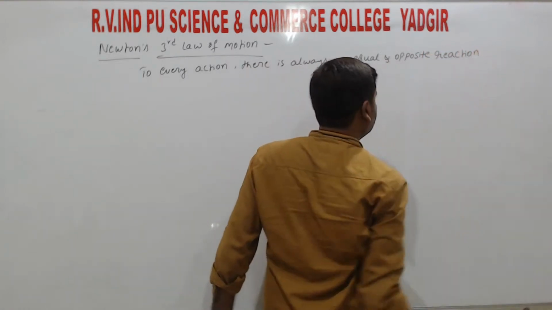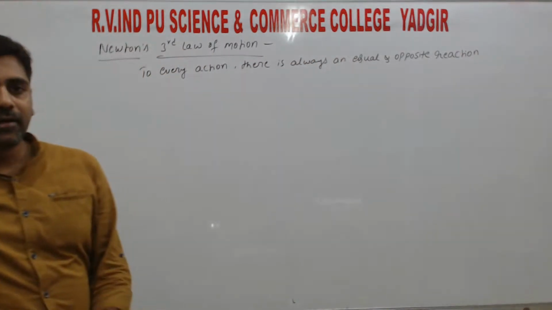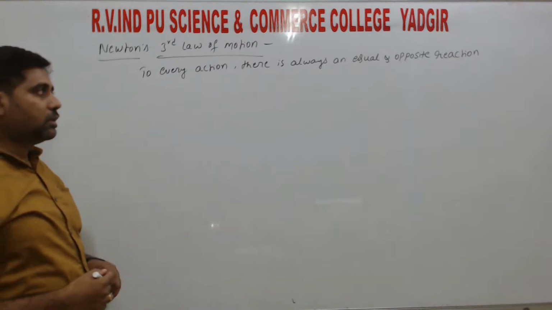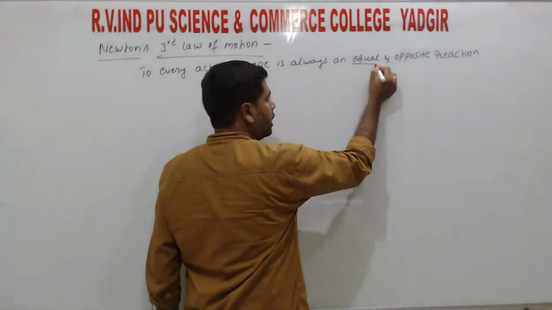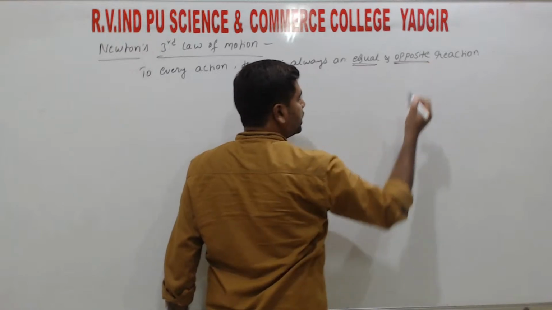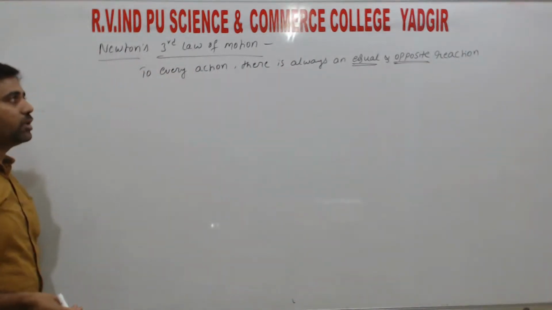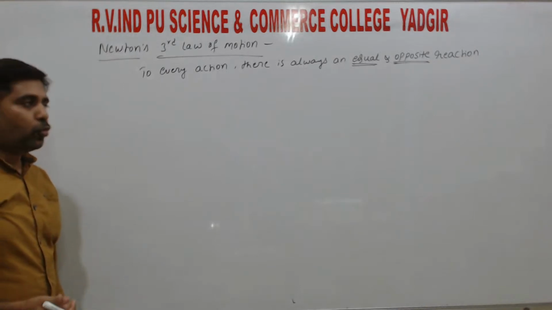You must have studied this in high school, right? So Newton's third law of motion: to every action there is always an equal and opposite reaction, right? This is the statement for Newton's third law of motion.